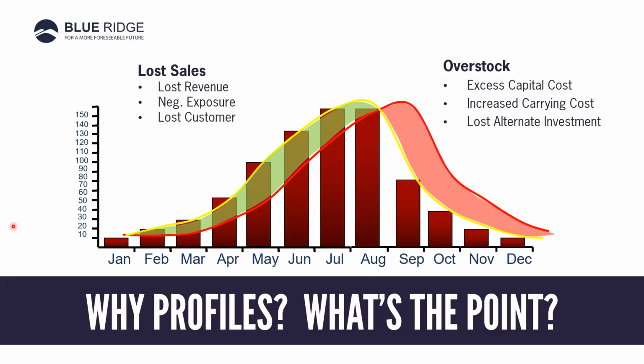And now the yellow line. This line describes what your forecast will look like when there is an appropriate profile assigned to the item. The demand forecast is more in line with those sales, with the actuals you're experiencing. Some benefits here include helping you build up that inventory at the appropriate time as you're heading into season and reaching that peak.